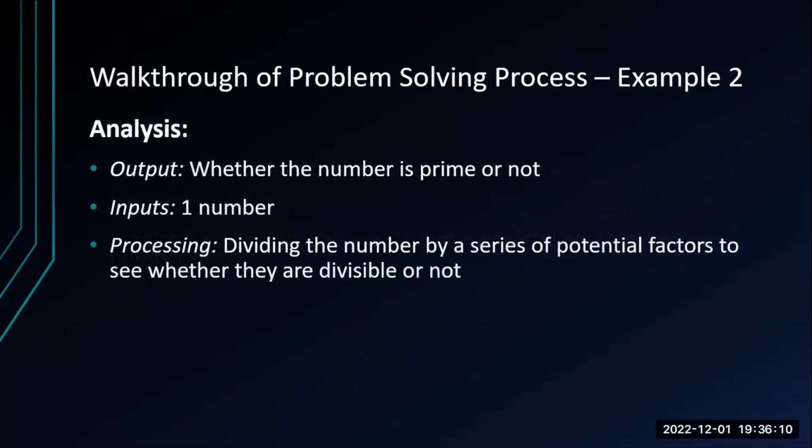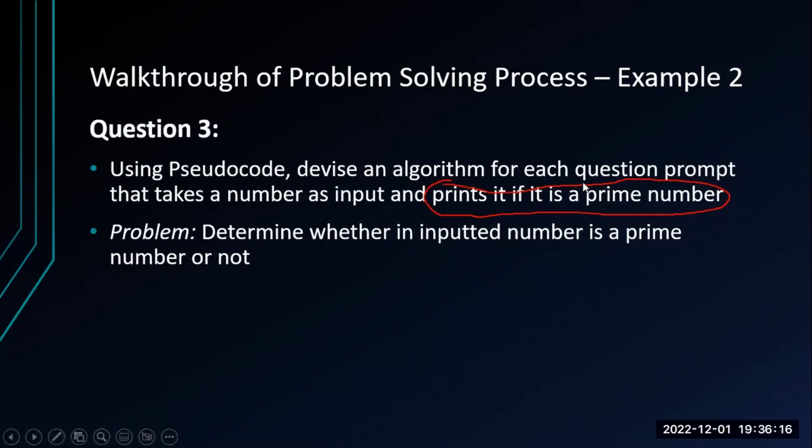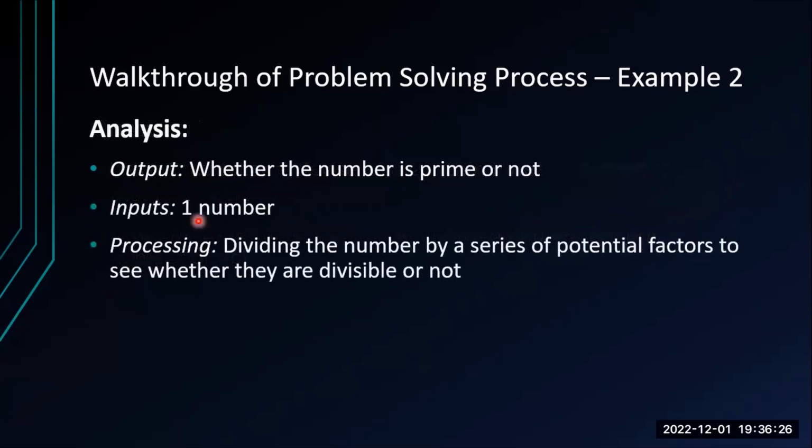So to just analyze it, the input would be one number, as you can see right here. It'll take in a number as an input. And then for output, it would then show whether that number is prime or not by printing it out.